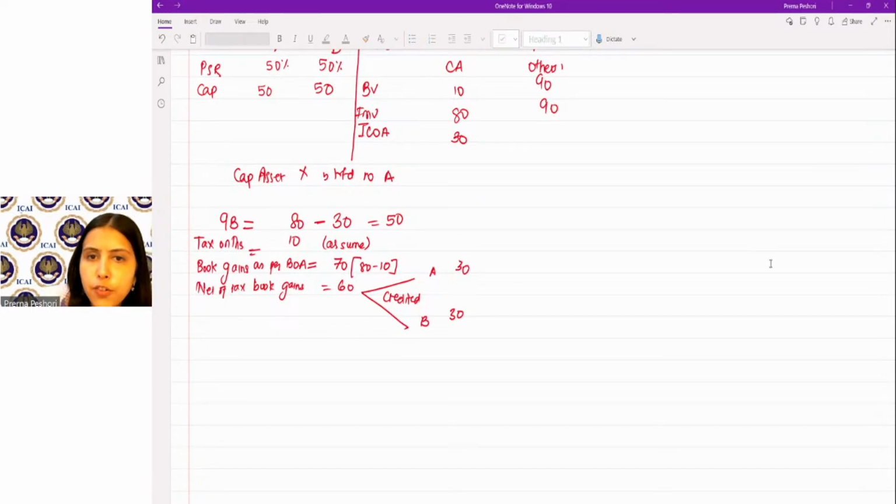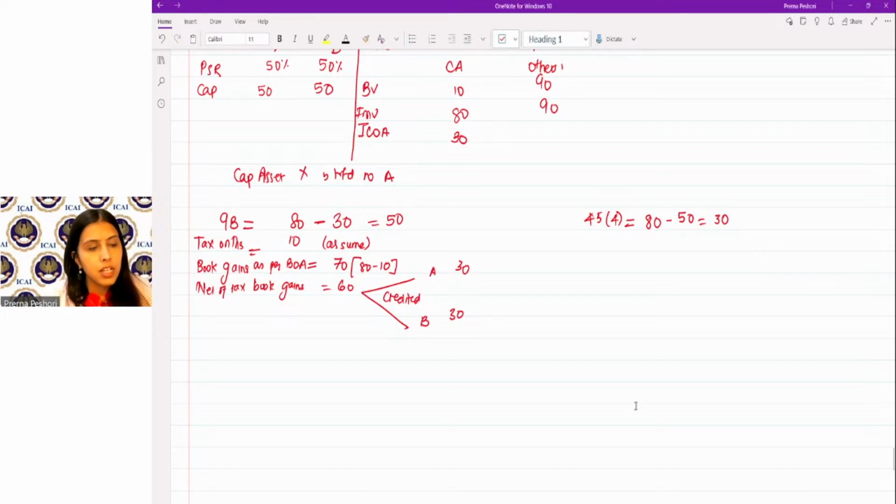Now, as far as 45(4) is concerned, what will be my 45(4)? 45(4) will be 80 minus 50, 30. 80 minus 50 equal to 30. Now what the circular says is, the circular is providing step up. This is my C minus D.